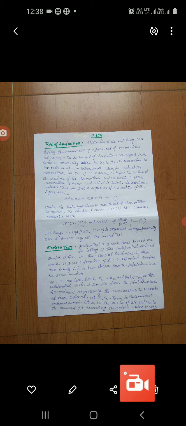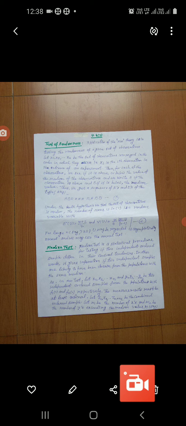And then for each of the observations, we see if it is above or below the value of the median of the observations. Note this point.